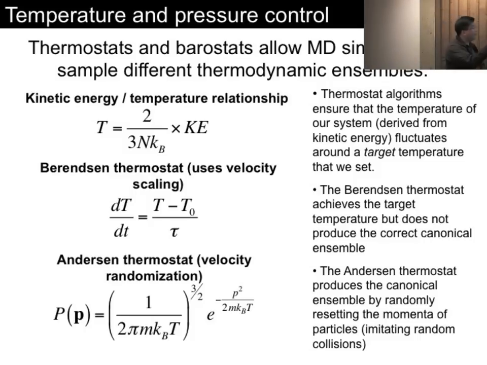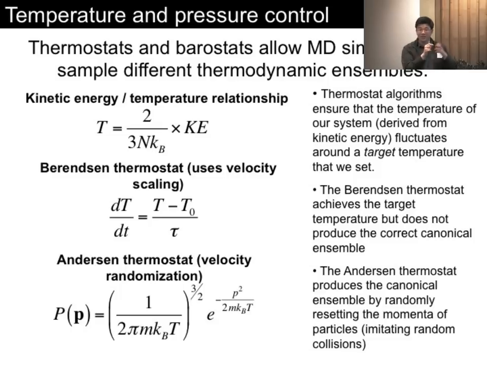This is the relationship between the kinetic energy of your particles and the temperature. A very simple algorithm to make sure that your particles are at the correct average temperature is the Berendsen thermostat, which just scales your velocities down if they are moving too fast and scales them up if they're moving too slow. However, this doesn't produce the correct canonical ensemble.